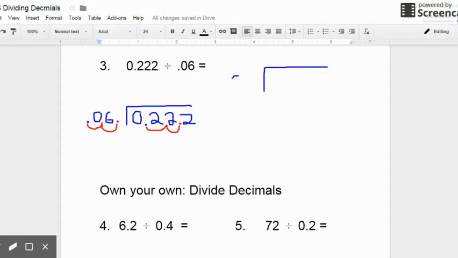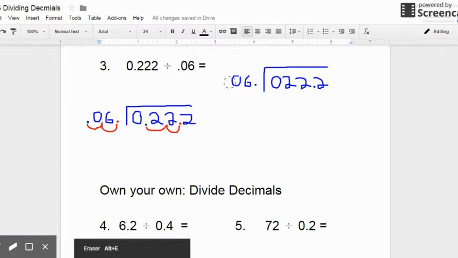So I have 0, 6, and then the new decimal point's on the far right. On the inside number, I have 0, 2, 2, and 2, and the decimal point is between the last two 2's. So this is our new problem.